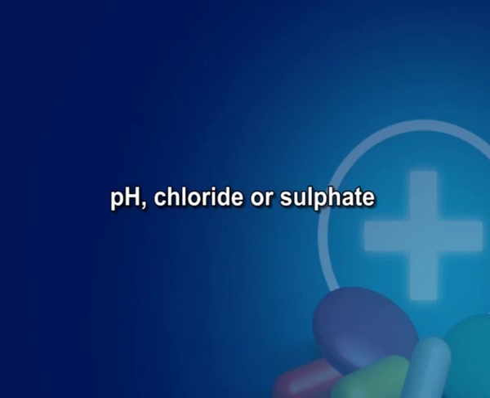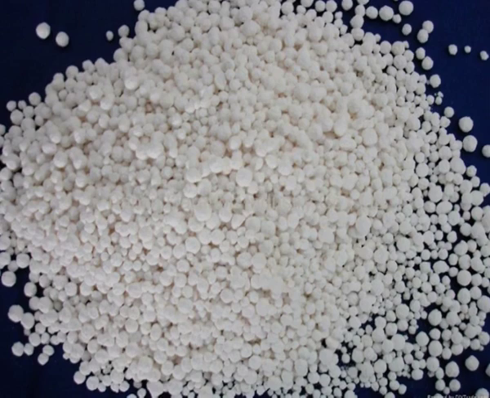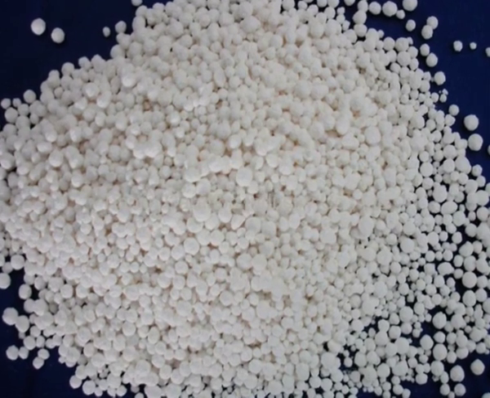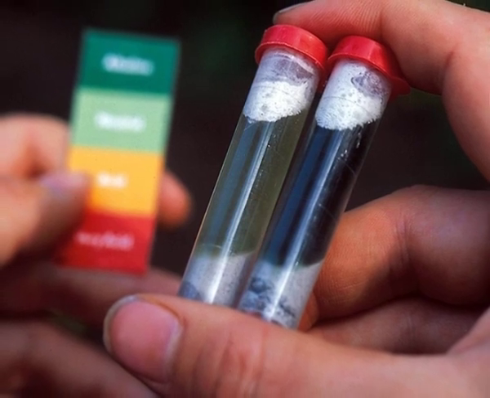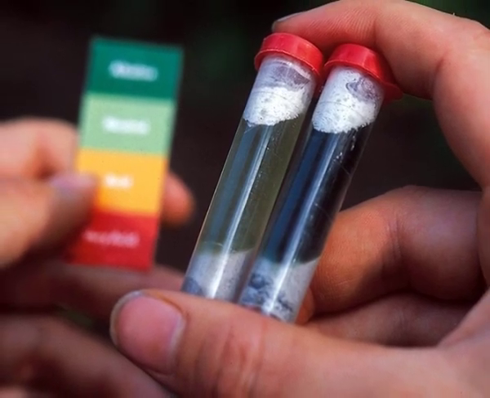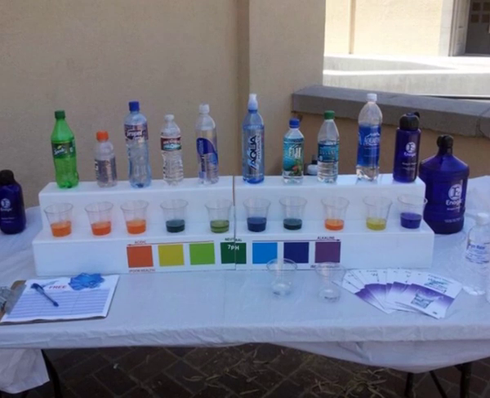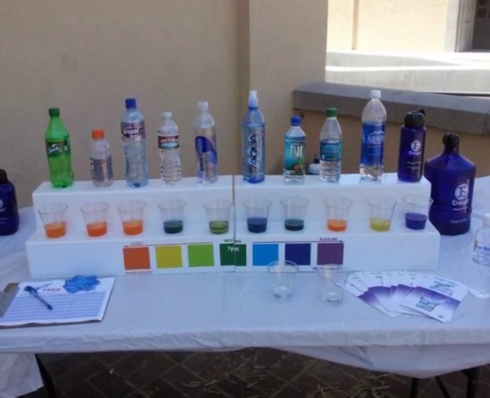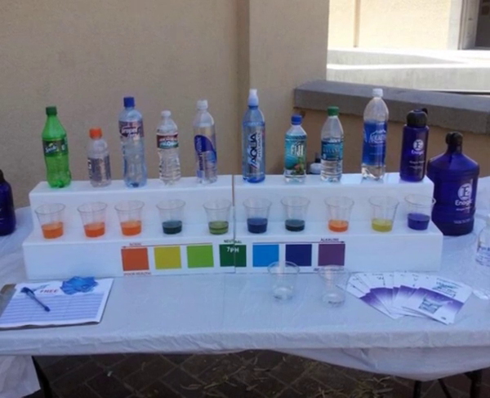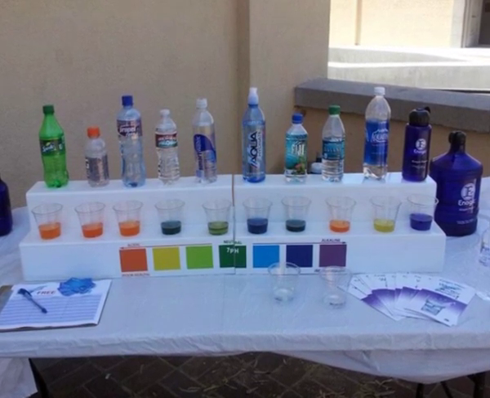Number 19 is the pH, chloride or sulfate. These factors are tested on an aqueous extract of the test piece. The acidity or alkalinity, pH, can help the life of the paper or board, as the natural pulp is slightly acidic and goes dusty and powdery in 50 to 70 years.